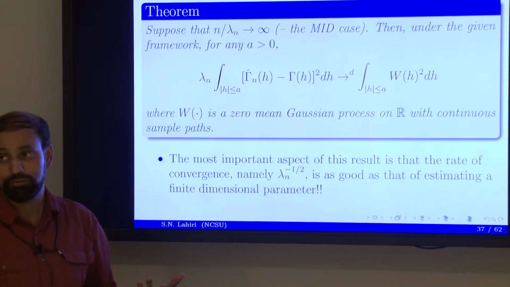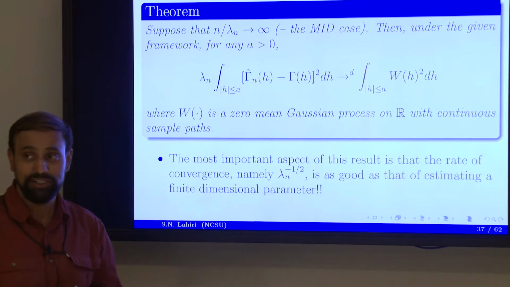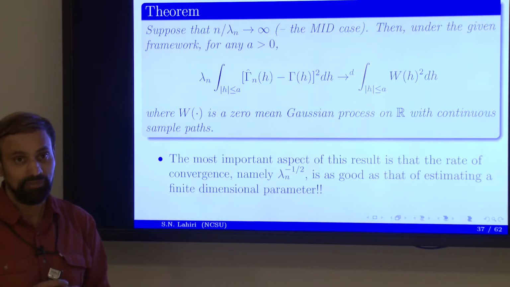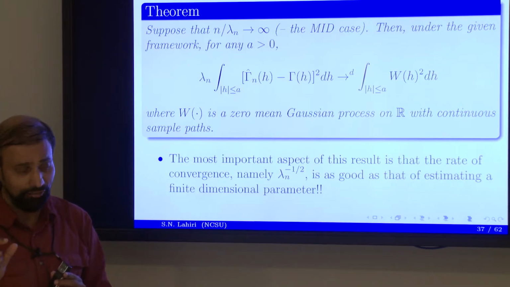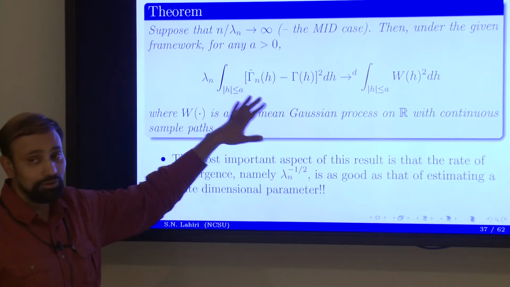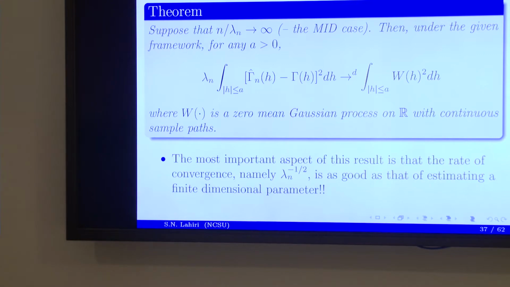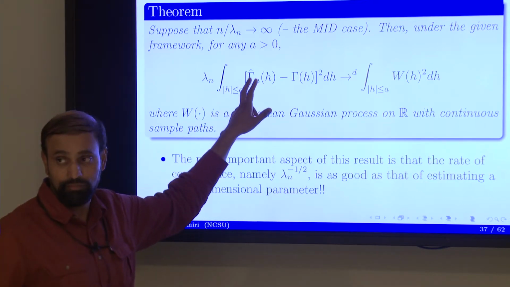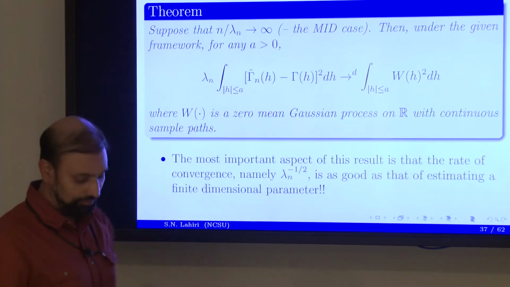Proof is not easy, of course. There are lots of intermediate steps. You have to analyze each part and see however much error you are making in each step. But anyway, Peter Hall can do this. So that's the final result. And so if you are trying to estimate the autocovariance function on the continuum, this is what you should be doing. This is the right way to do it.